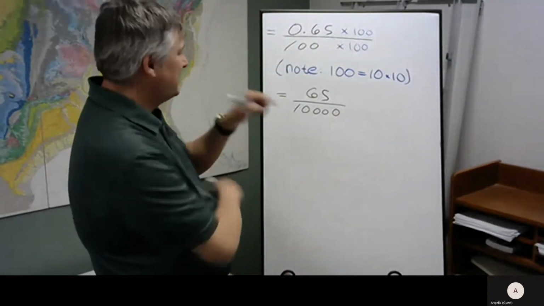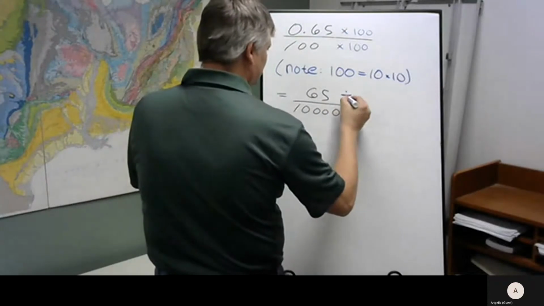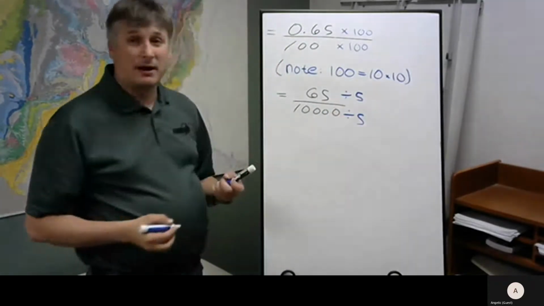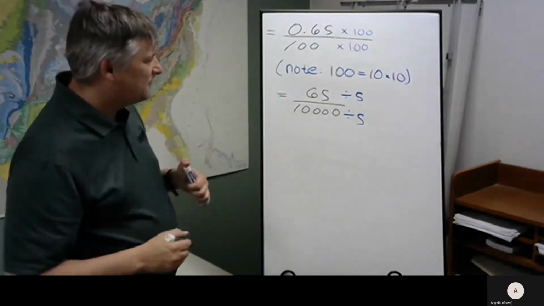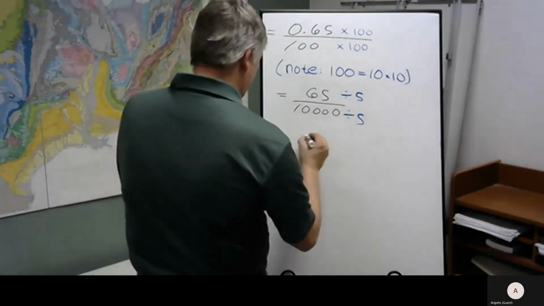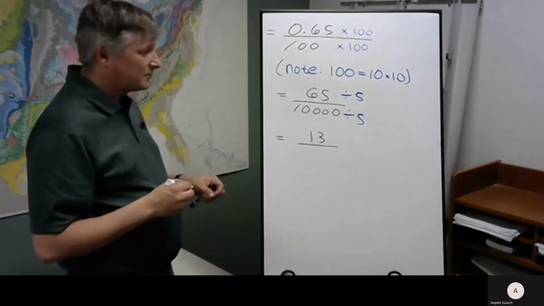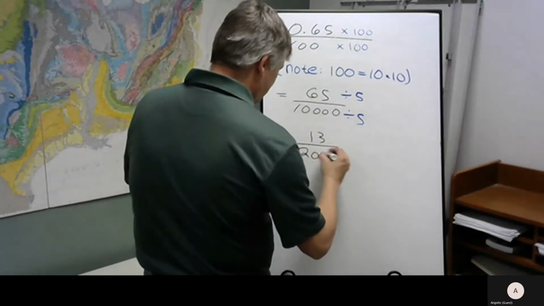So let's see here. Well, this is divisible by 5. So again, what we do to the bottom, we do to the top, and vice versa. So 65 divided by 5 is 13. 10,000 divided by 5 is 2,000.